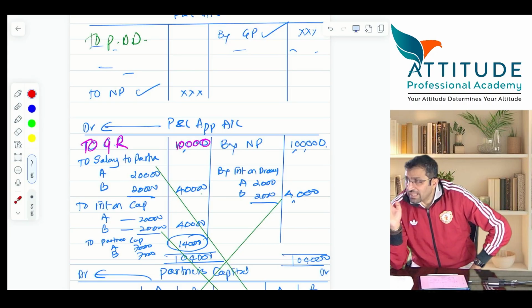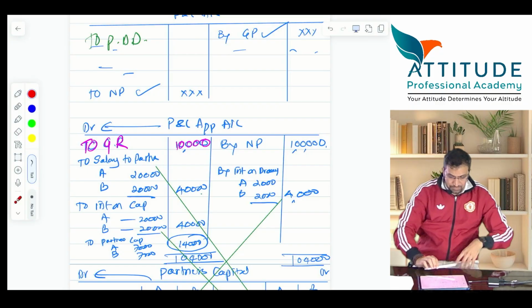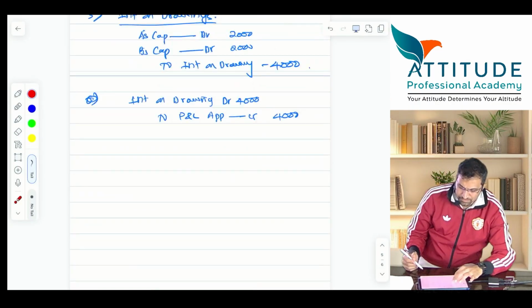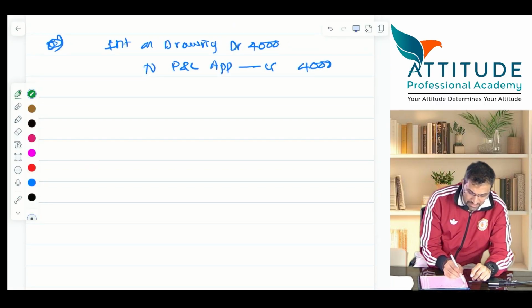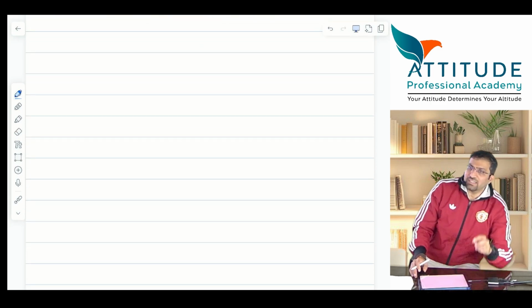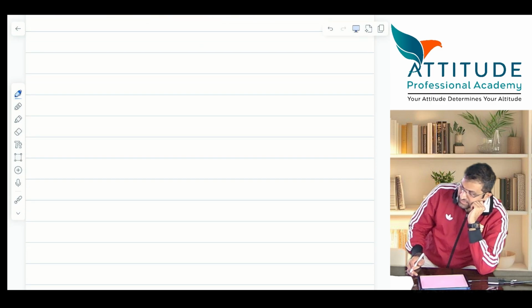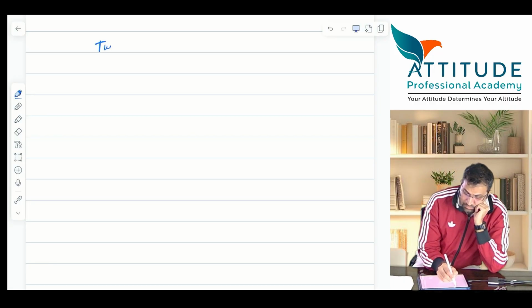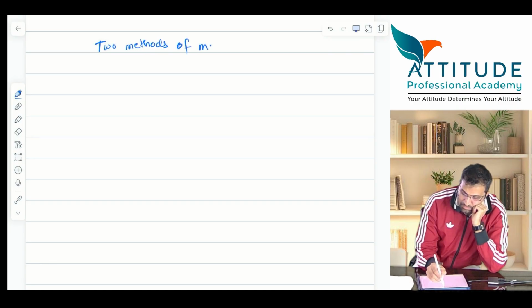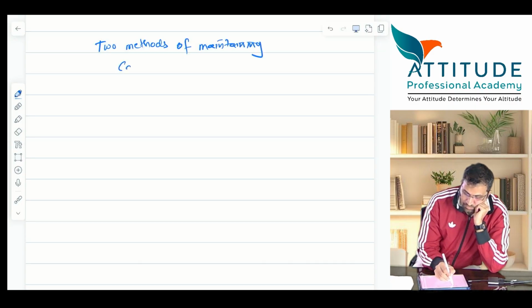Clear? पक्का? Okay. Now, come down. One more. Guys, please concentrate here. There is something known as two methods of maintaining capital accounts of partners.